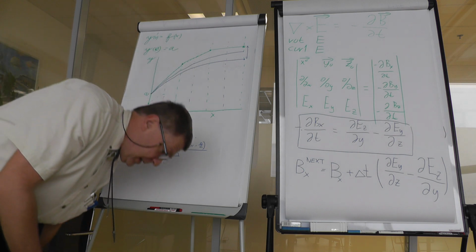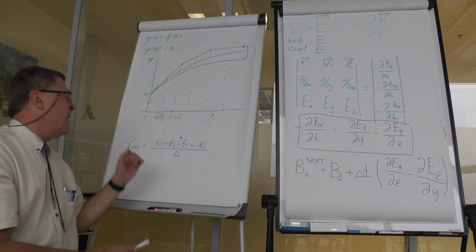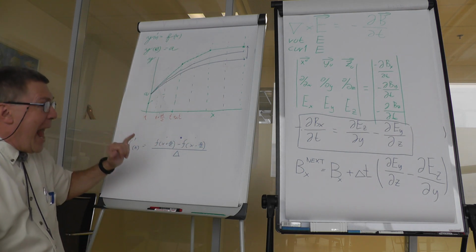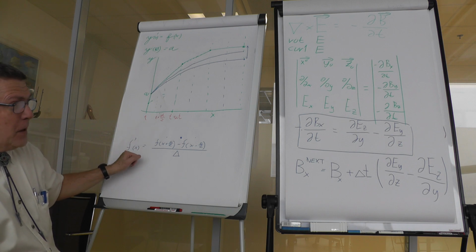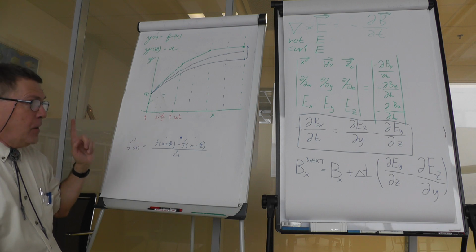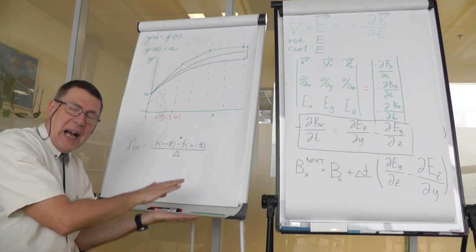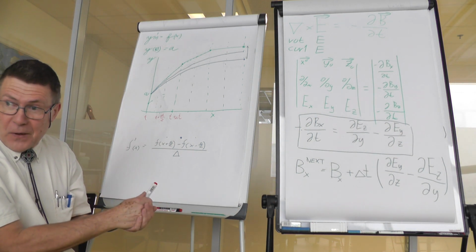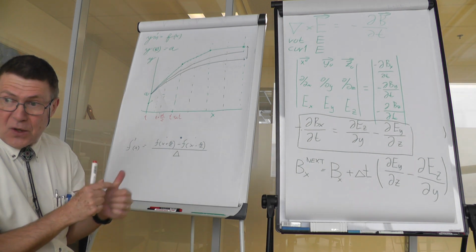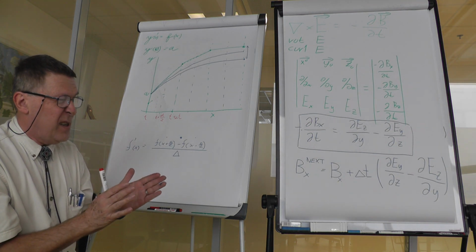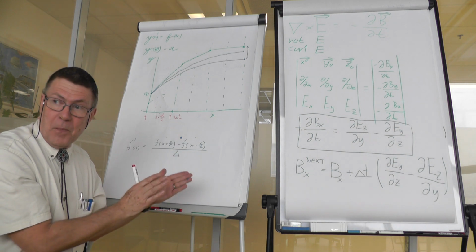And you can achieve a set with which for any time derivative you would have the future values of electric field or magnetic field for those derivatives of electric field components. So you shift both in space and in time.